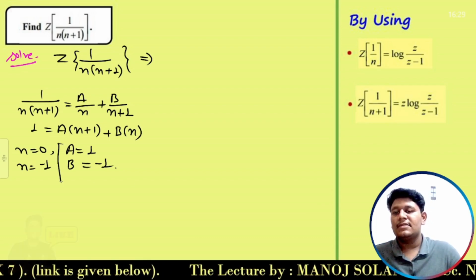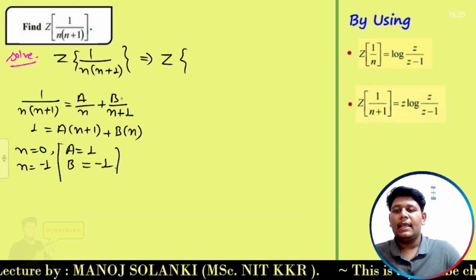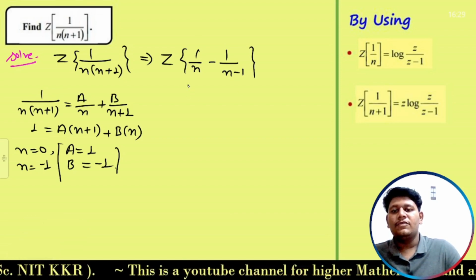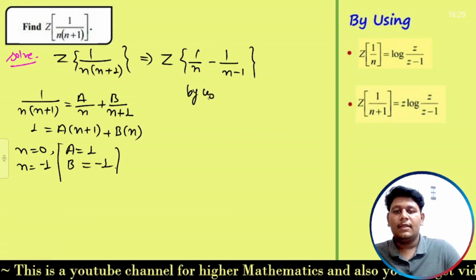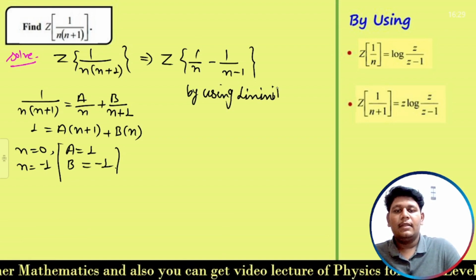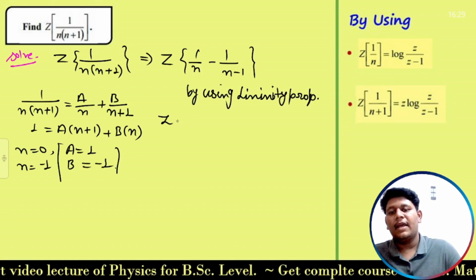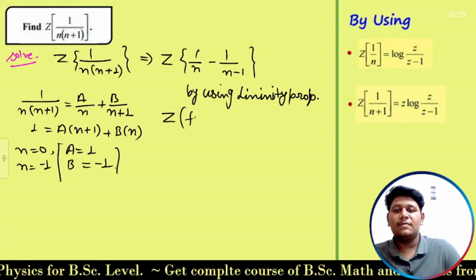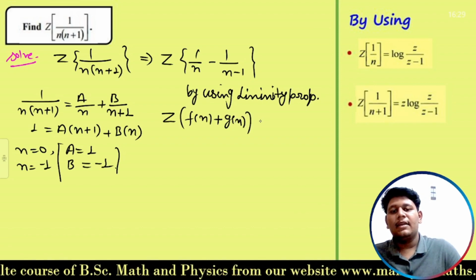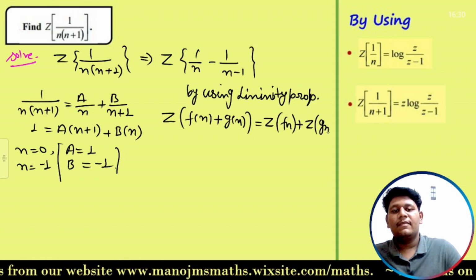So it is the Z transform of 1 upon n minus 1 upon n plus 1. By using the linearity property of the Z transform, which says that if you want to calculate the Z transform of two functions Fn plus Gn, you can write the Z transform of Fn plus the Z transform of Gn.